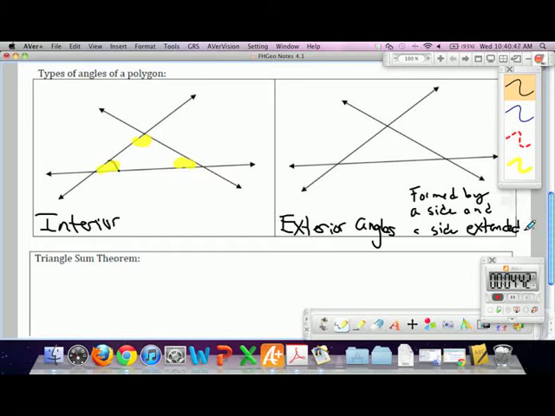So that's going to limit which angles are exterior angles. For example, here's a side of my triangle, and here is a side that's been extended. So an exterior angle could be this guy.